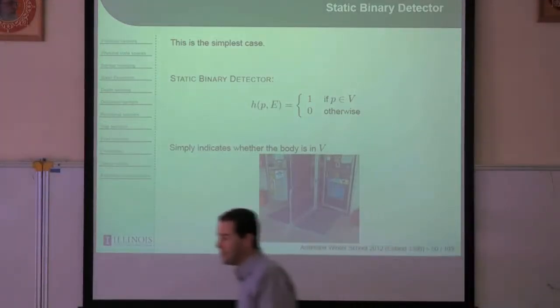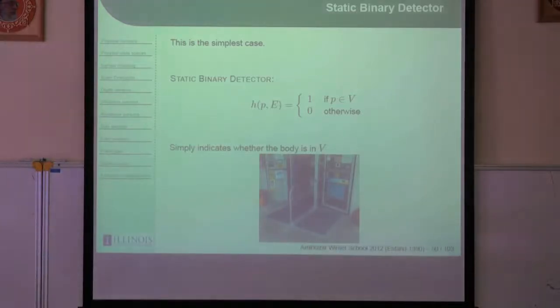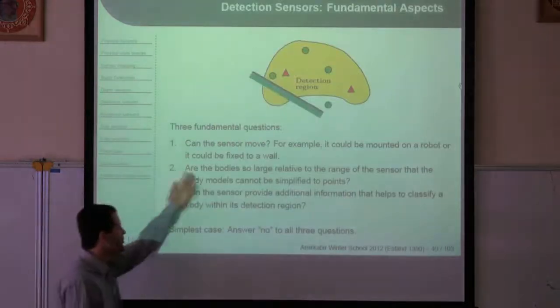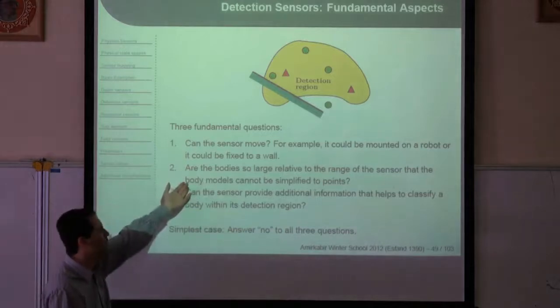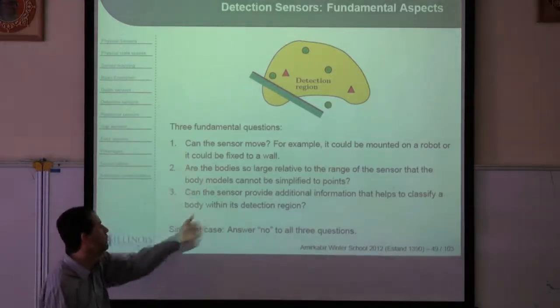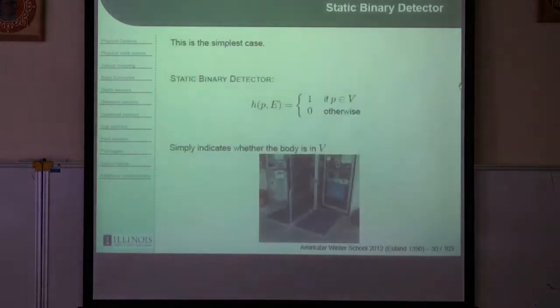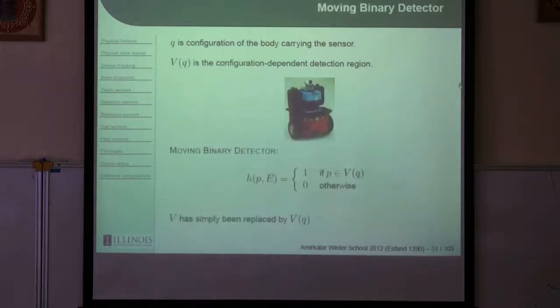And the mat does not move, so it's stationary. This really does correspond to the case where the answer to all three of these is no. I don't care about a body being partially on or partially off. As soon as they step on it, it works. It doesn't move. And there's no additional information that you get. So it's a very simple sensor like that. Maybe a sensor beam that you cross might be like that too.